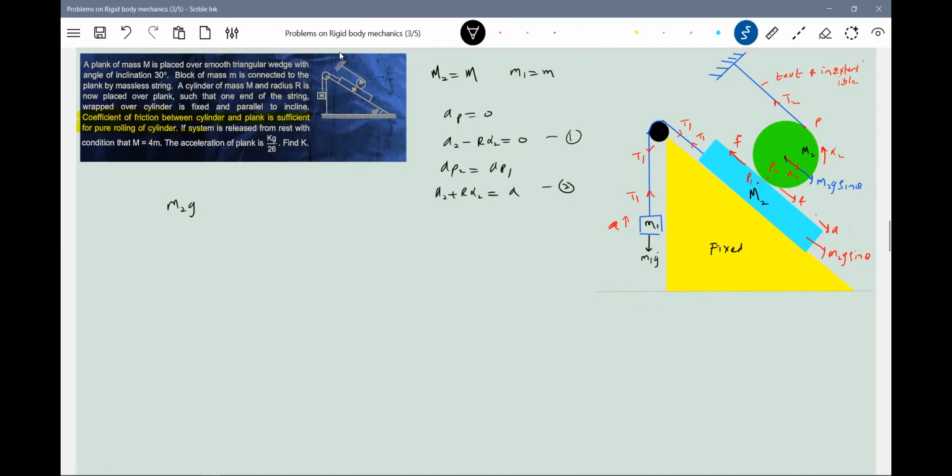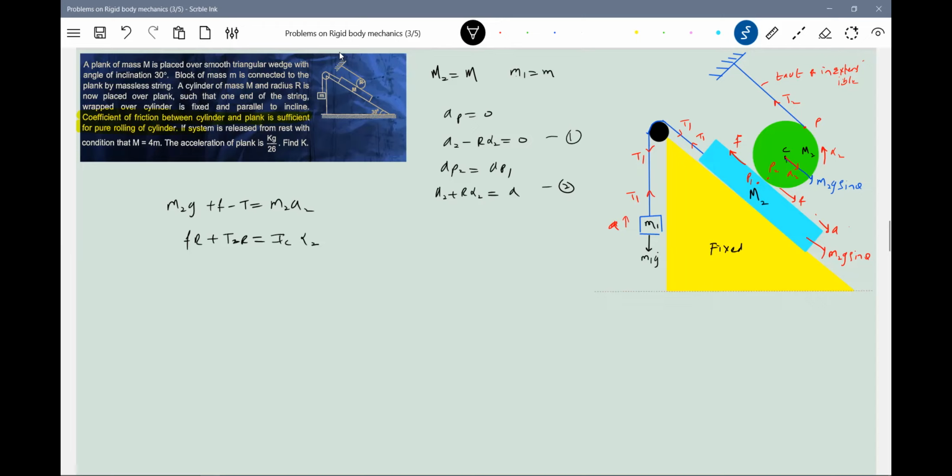Okay, let's write down all the equations. So m2 g sin theta plus f minus m2 a2. Then torque: F into R plus T2 into R is equal to I_C alpha.